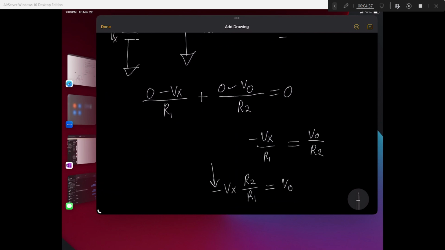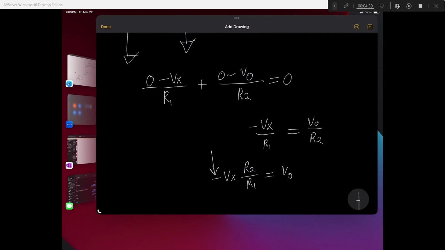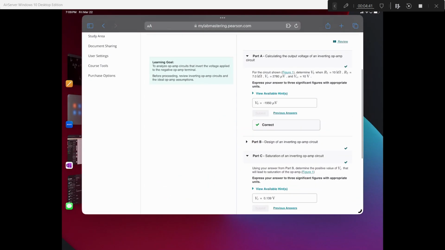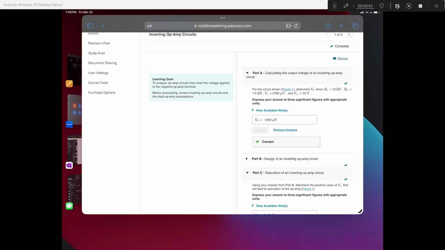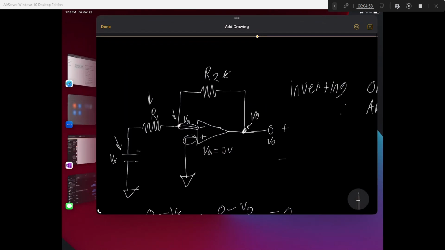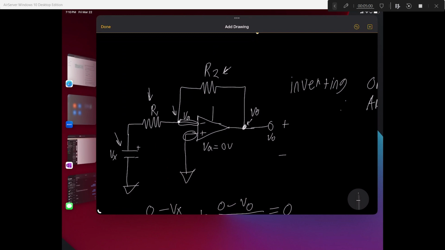Okay, now let's go to some of the problems now that we've done a little nodal analysis. Our first question asks, calculating the output voltage of an inverting op amp circuit. It gives us a few values. It gives us VCC. What is that? Well, VCC is going to be these terminals here and here. It's going to be the bounds of this op amp circuit.